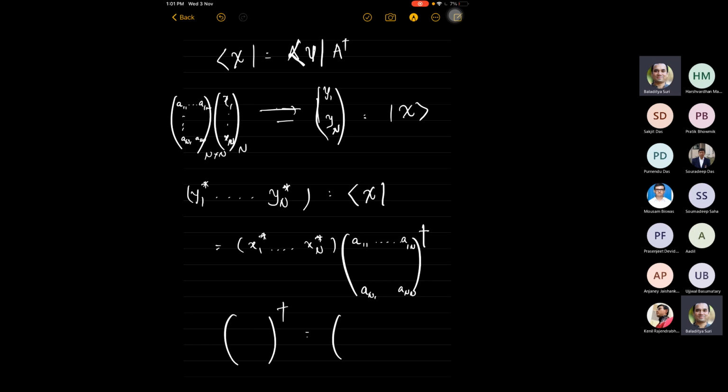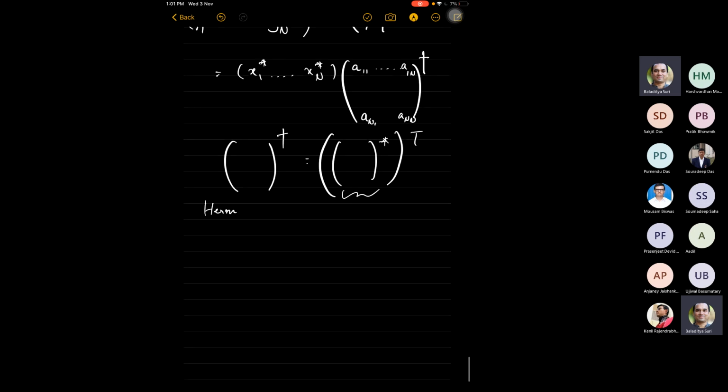This symbol dagger means you take a star and then you transpose. It's called the Hermitian conjugate. The star is just a simple complex conjugate, and the dagger means transpose. So when you want to take the conjugate transpose of a matrix, you take the complex conjugate of every element and then you transpose it. That makes it a Hermitian conjugate.